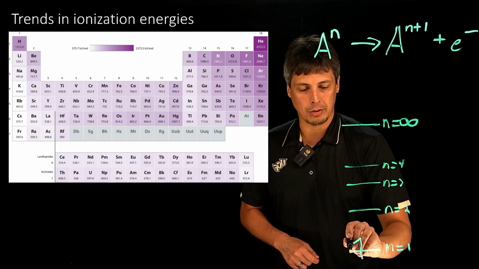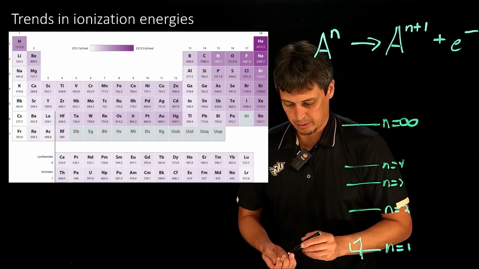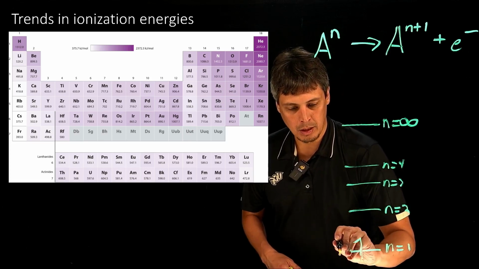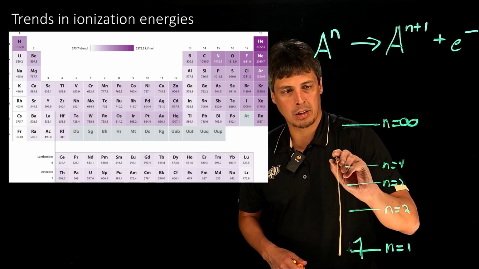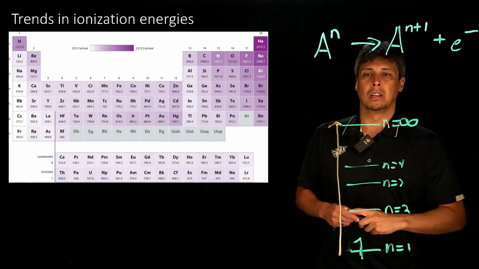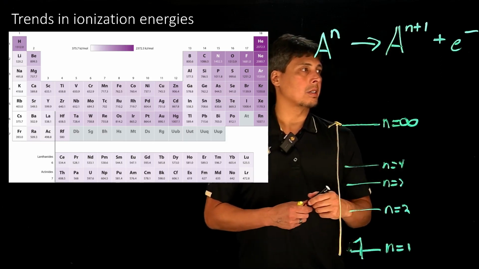So, in other words, if we add enough energy to the system by some means, it causes the electron to have enough energy to go to the n=infinity level. This is our ionization energy.